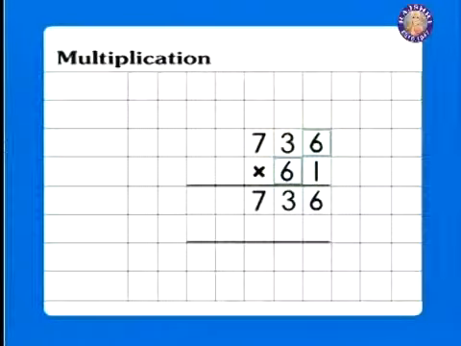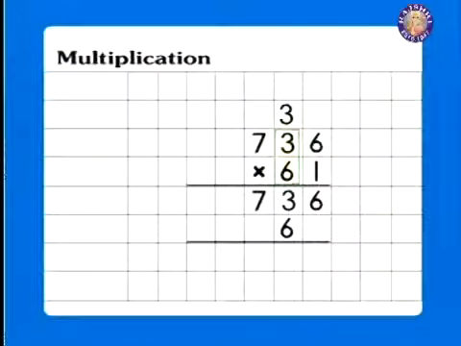Starting from the right, 6 times 6 is 36. 6 goes below the first answer, offset 1 place to the left, and 3 is carried over above 3. Got it? 3 is carried over above 3.